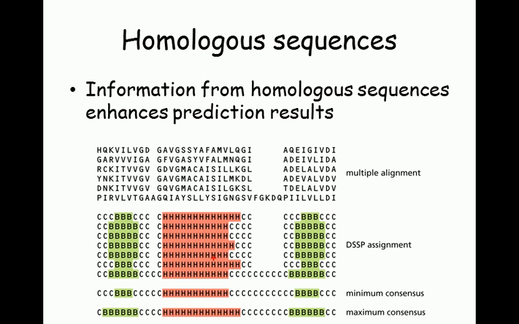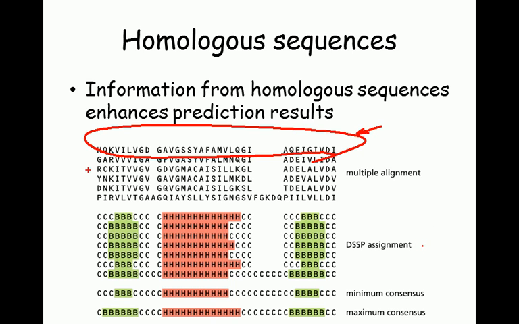All right. Another commonly employed idea is to use homologous sequences. So if you are trying to find the secondary structure states of a protein, let's say this one, what you can do is look at all the other sequences that are homologous to this one. Okay? So you can do a blast search and get other sequences that are similar to this first one.